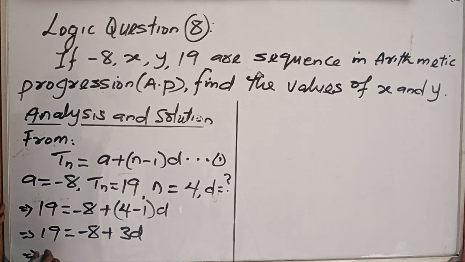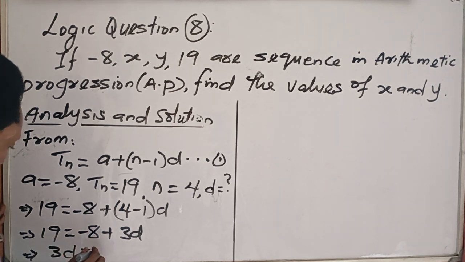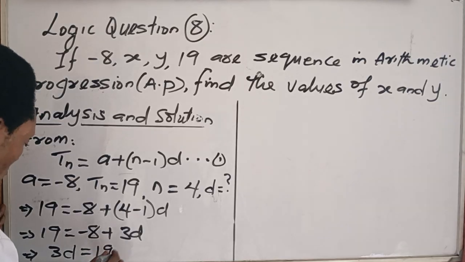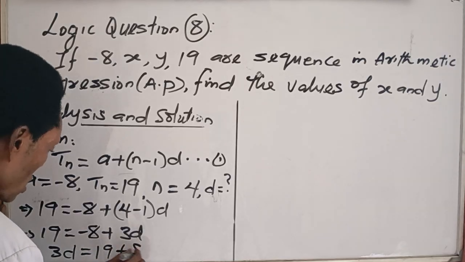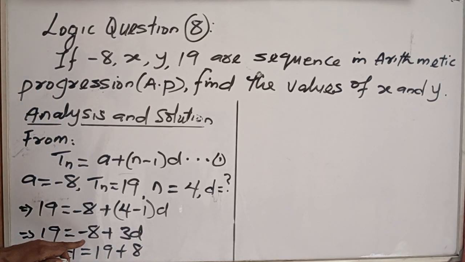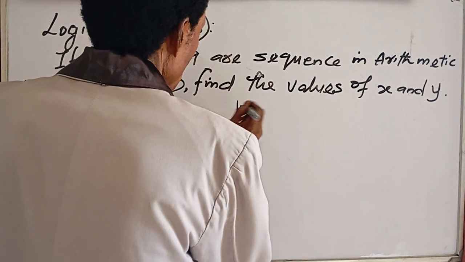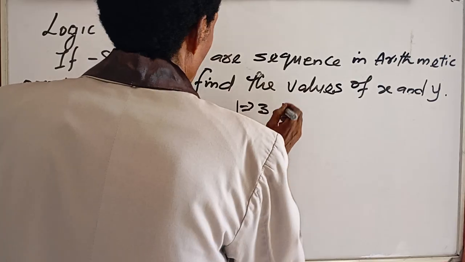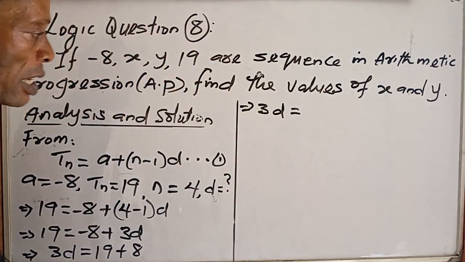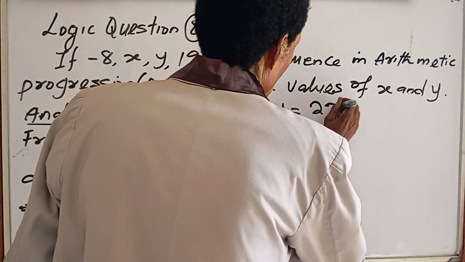Now we collect like terms. So we can now say 3d equals 19 plus 8, because I have to move this 8 to this side. So 3d equals 19 plus 8, which will give us 27.